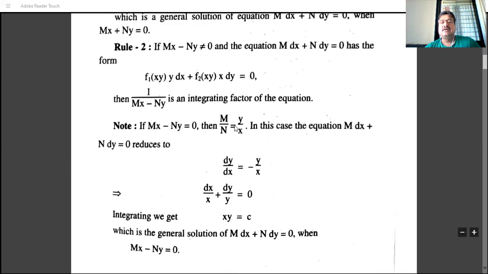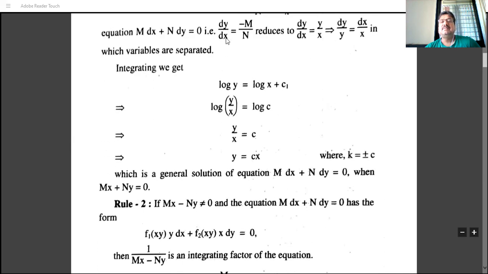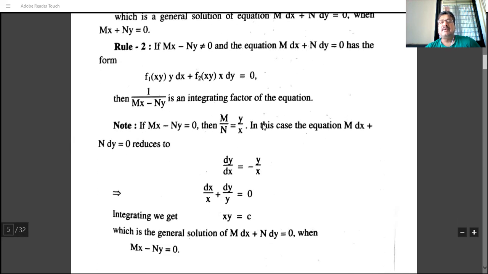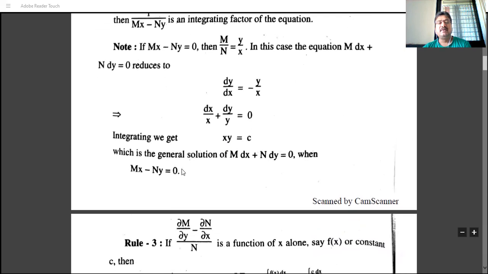Here we have M/N as -y/x, and M dx + N dy = 0 gives dy/dx = -M/N. Substituting, we have dy/dx = -y/x, that is dx/x + dy/y = 0. Then the integral of 1/x is log x and of 1/y is log y, equal to log c, so log x + log y = log xy = log c, which means xy = c is the solution. This is the general solution of this equation if Mx - Ny is 0.